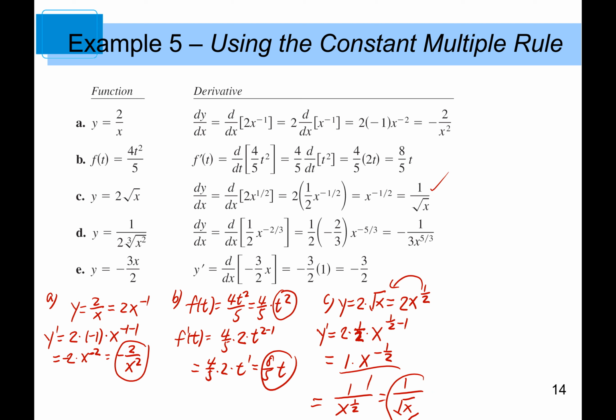And second to last, D. Y equals 1 over 2 times cubic root of x squared. First of all, turn into exponents, so it becomes half times x to the negative 2/3.